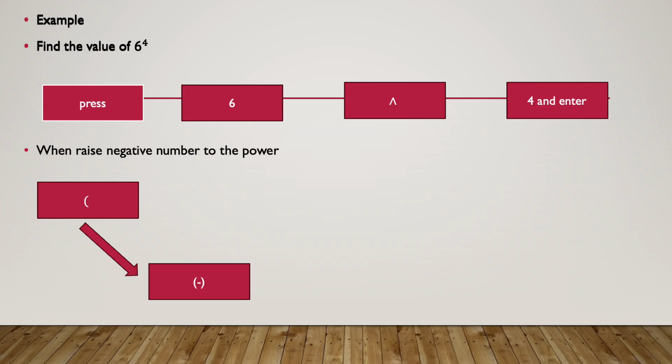When you have a negative number, you press the bracket button, then the minus inside the bracket, then you enter number 4.